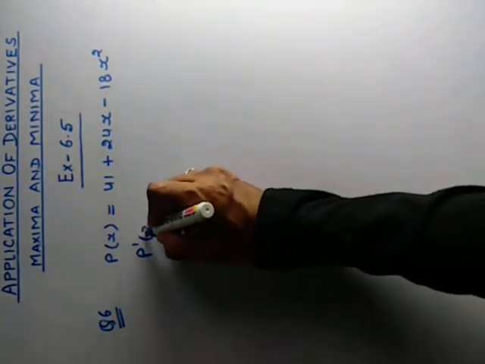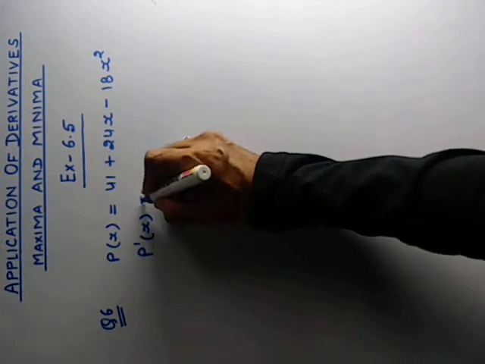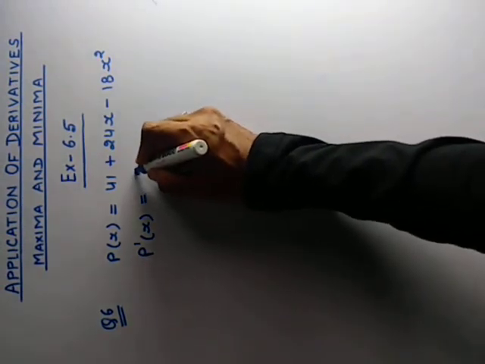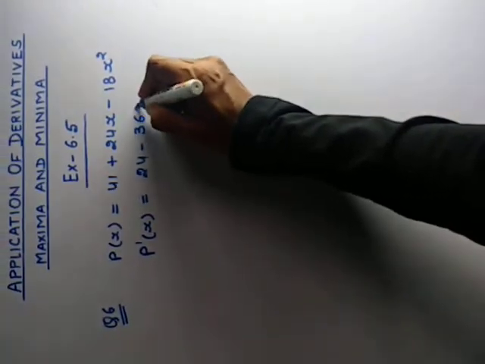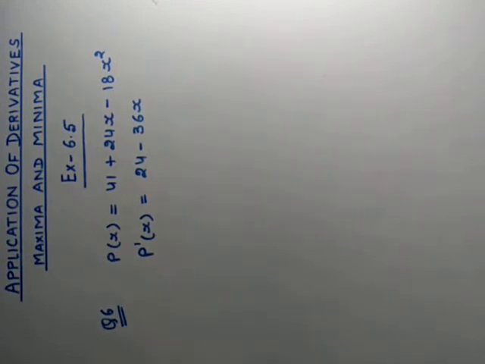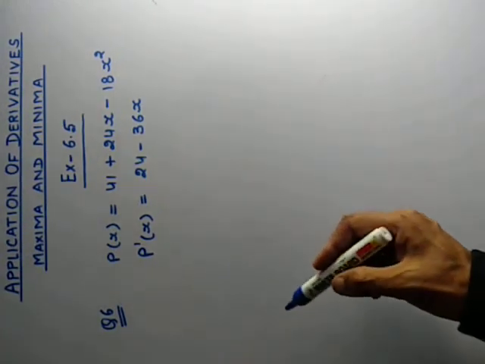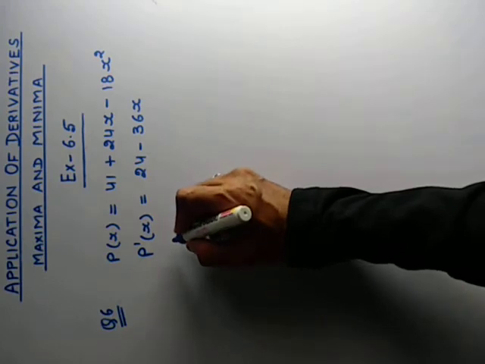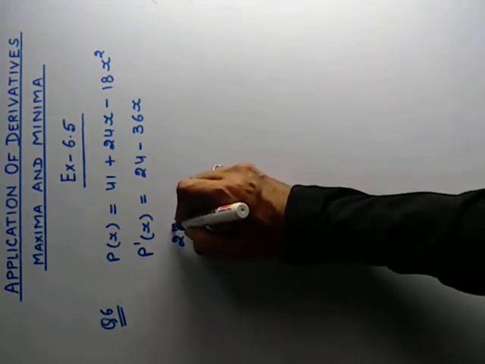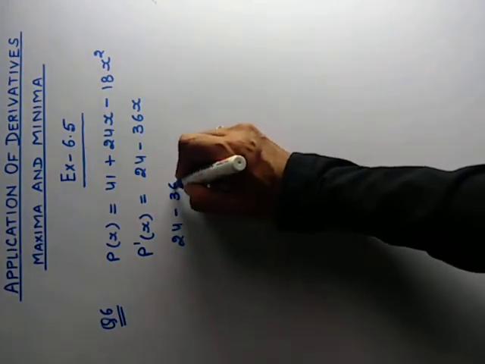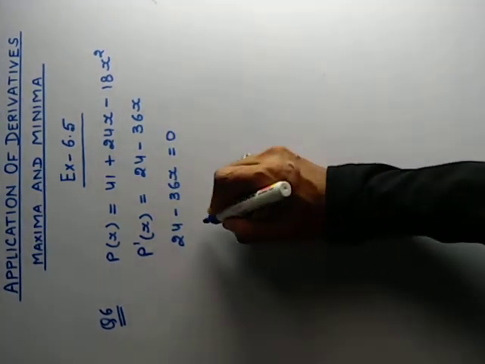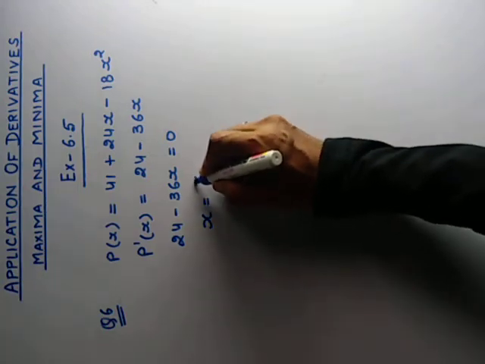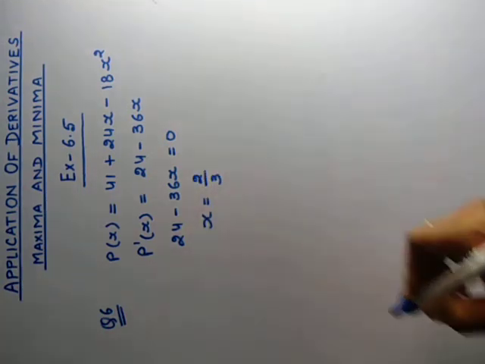After differentiating, that is p dash x, we will get 24 minus 36x. Now putting p dash x equals to 0, 24 minus 36x equals 0, which gives x equals 2 upon 3.